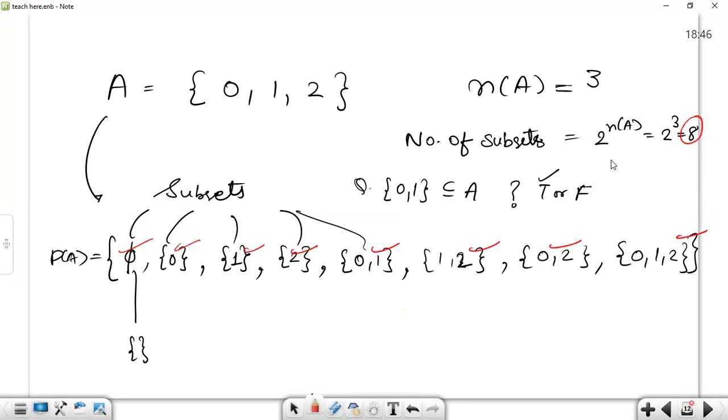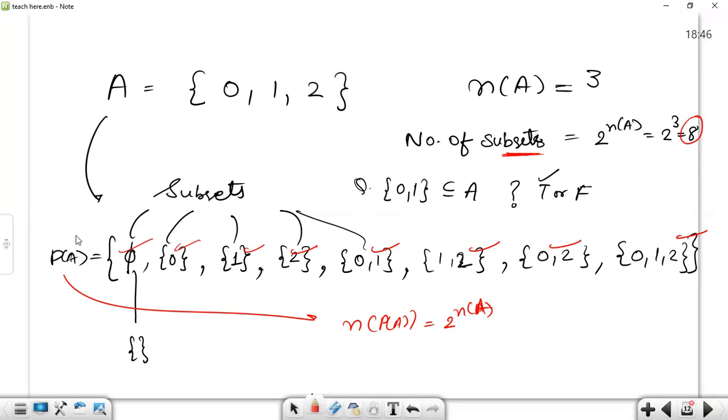There are 8 subsets, and there are 8 elements in the power set. 2 raised to power n, where n is the cardinality of set A. Clear? Any doubt? No, sir, no doubts.